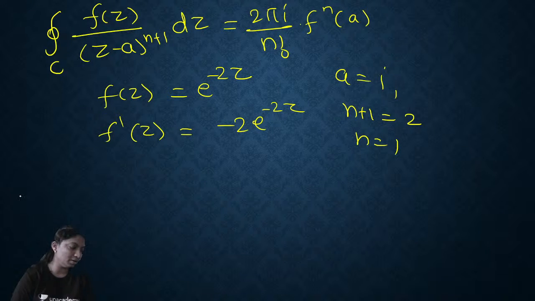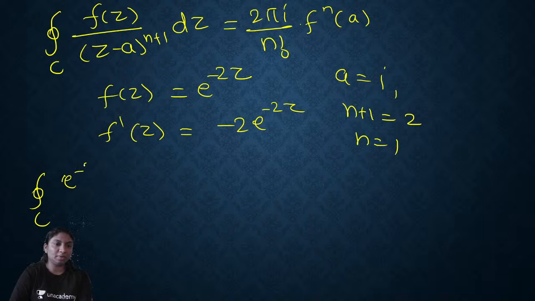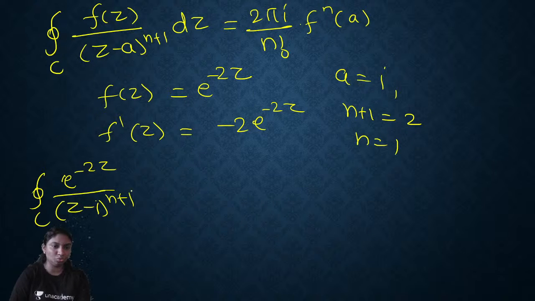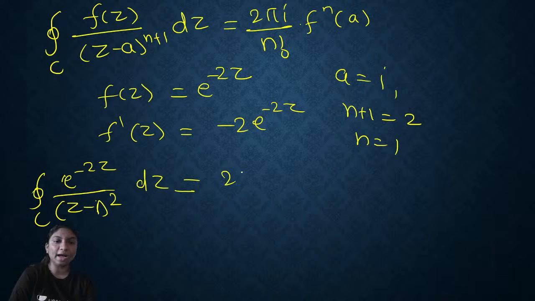You will get integral over C of e raised to minus 2z upon (z minus i) bracket raised to n plus 1, that is 2, dz is equal to 2 pi i upon n is equal to 1, that is 1 factorial into f dash at a is equal to i.